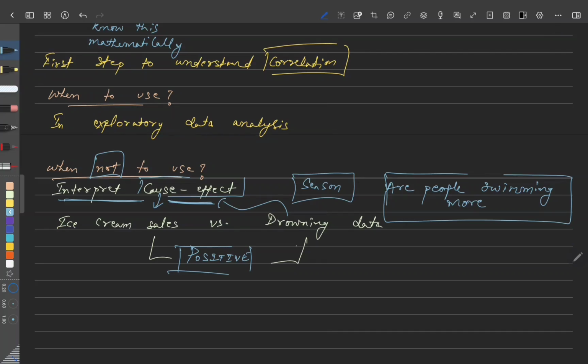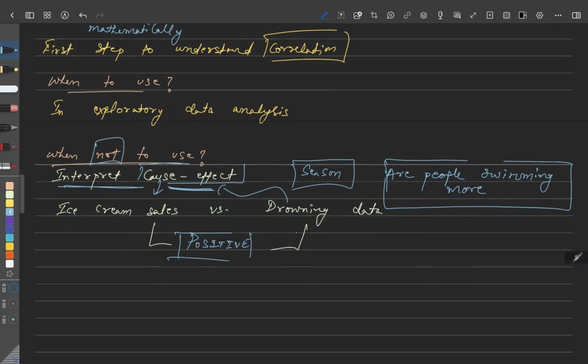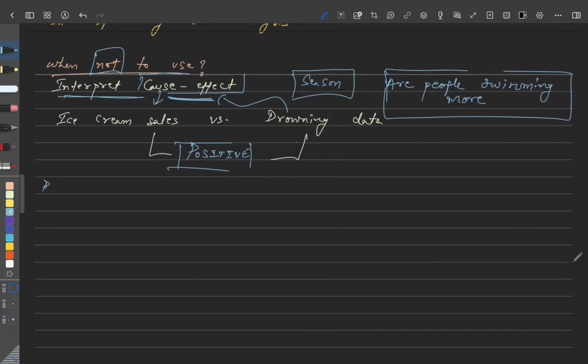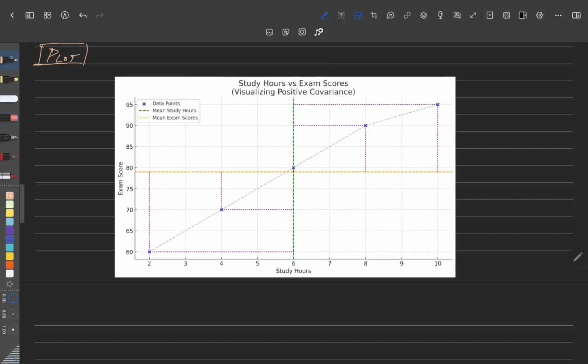Lastly, let us understand covariance by looking at the plot of our example, which is the study hours and the marks in exam. So I will show you the plot now. Look at this plot here.